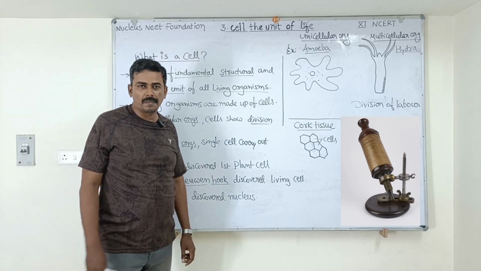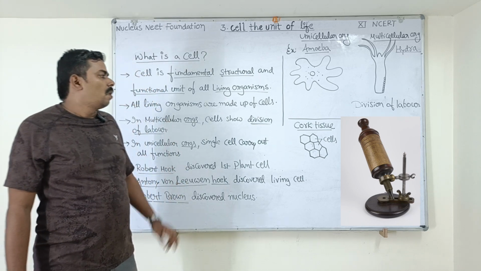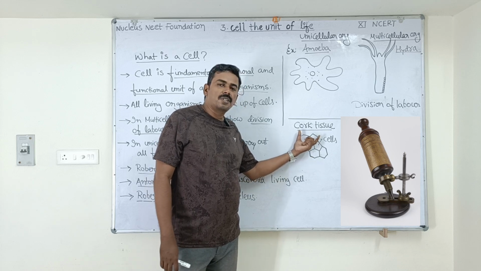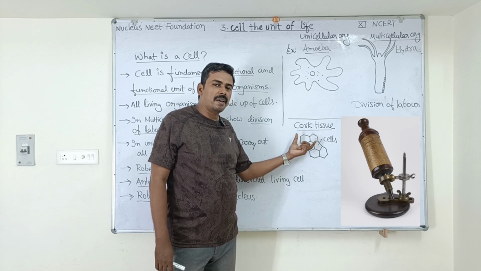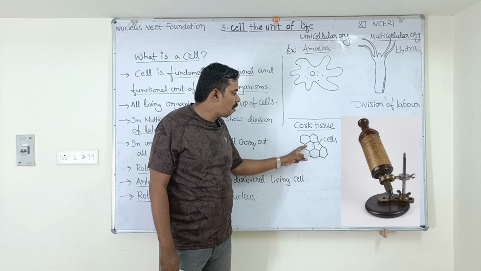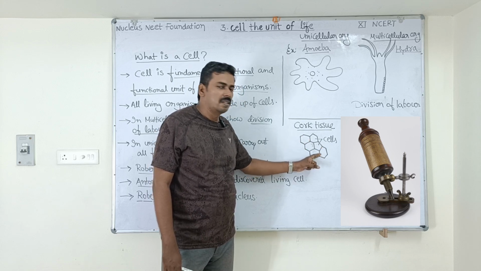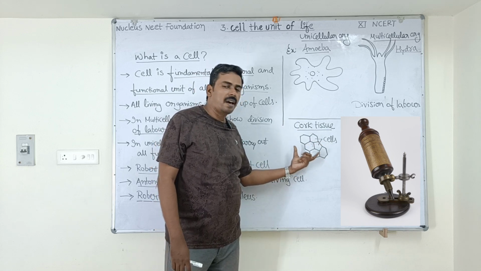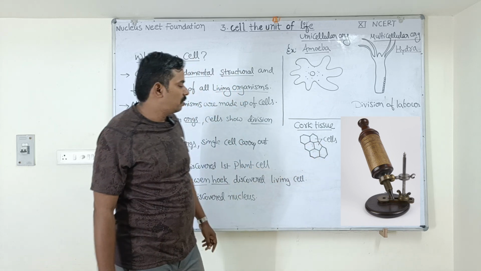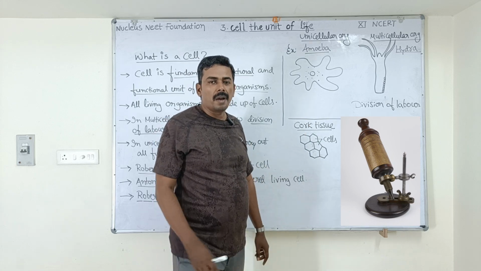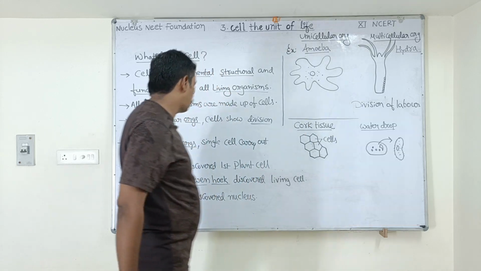He actually observed the cells of cork tissue of a tree under the microscope. In that cork tissue, he observed several small chambers or compartments. These compartments, he called them cells. They look like honeycomb. Understood? So that was the first cell which was discovered by a scientist called Robert Hooke.